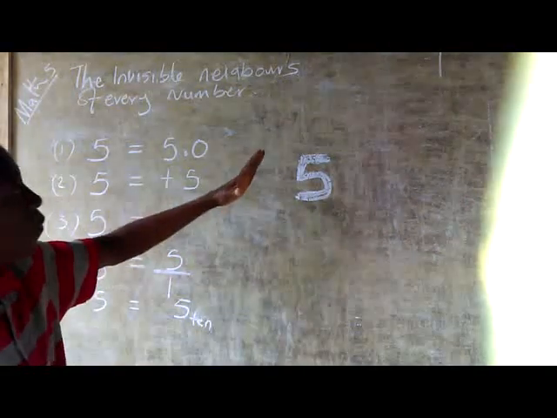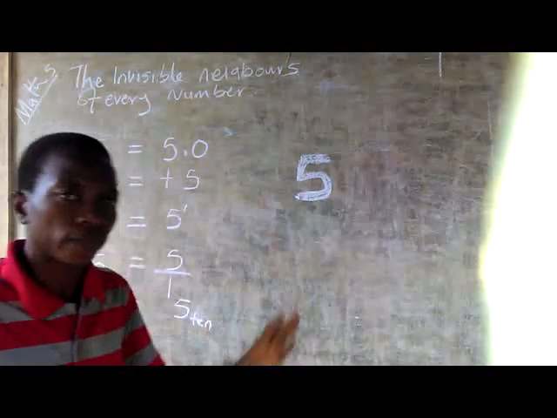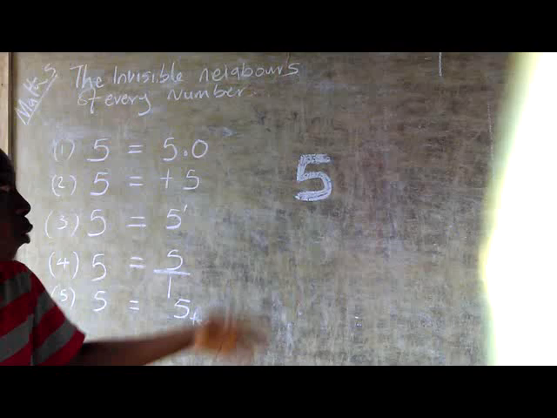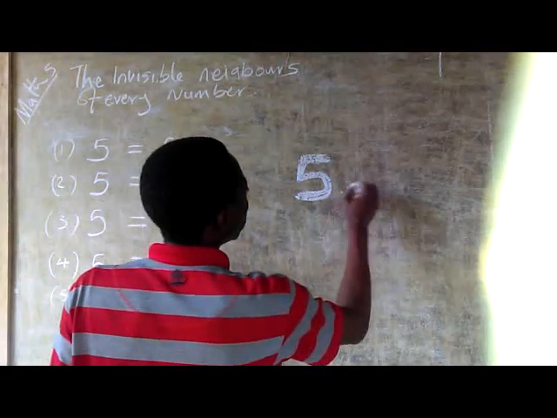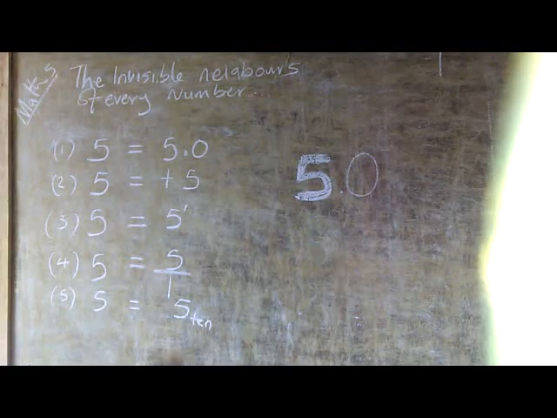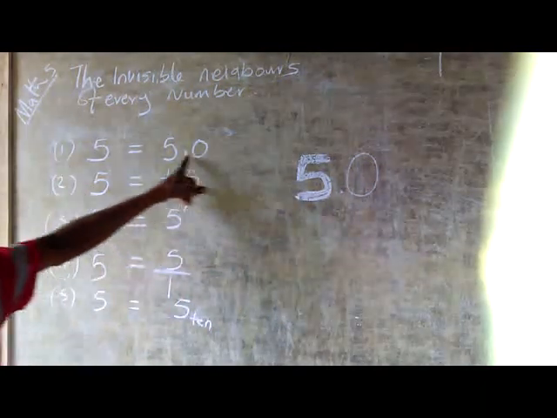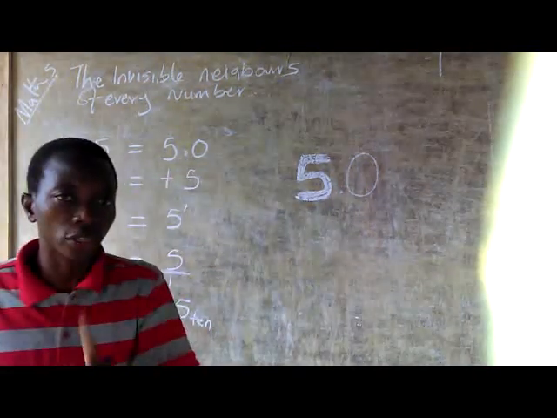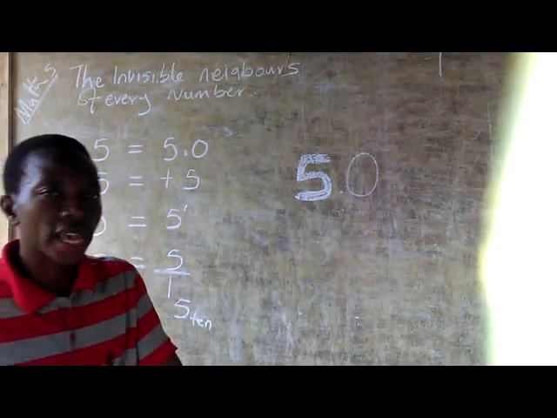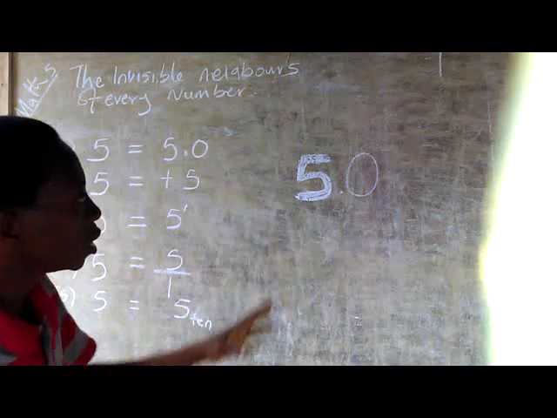There are 5 neighbors of 5. Now you may not see. One of them is 0.0. 0.0 can be invisible. 0.1 cannot be invisible. 0.2, any other thing cannot be invisible.